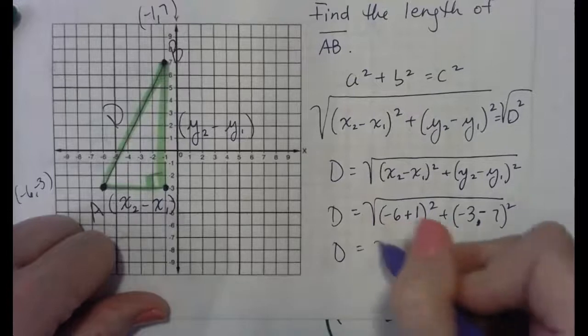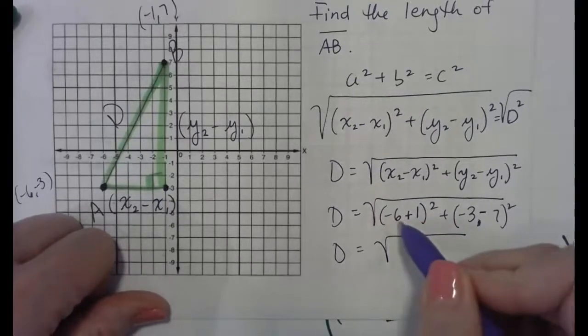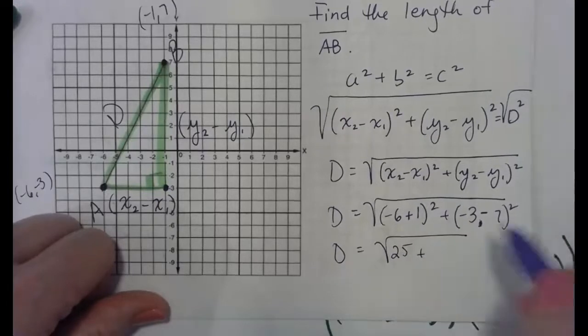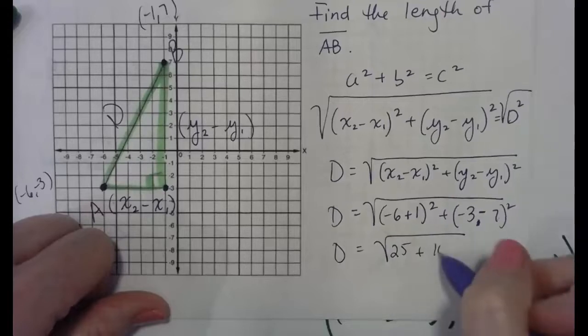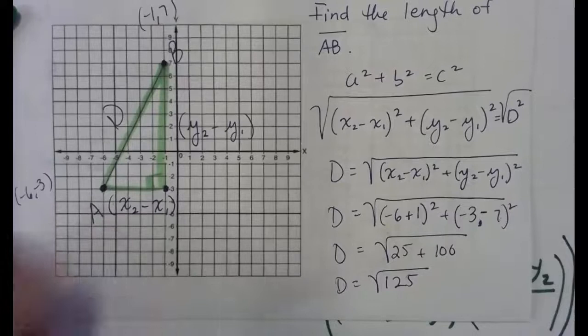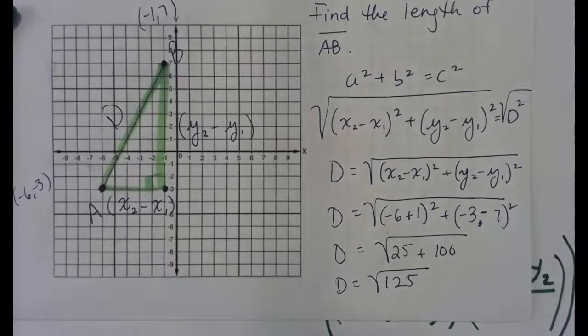So we end up with -6 plus 1 is 5. 5 squared is 25. Plus -3 minus 7 is -10. -10 squared is 100. So we end up with the square root of 125. Now, just a reminder, I do not wish to see any decimals.